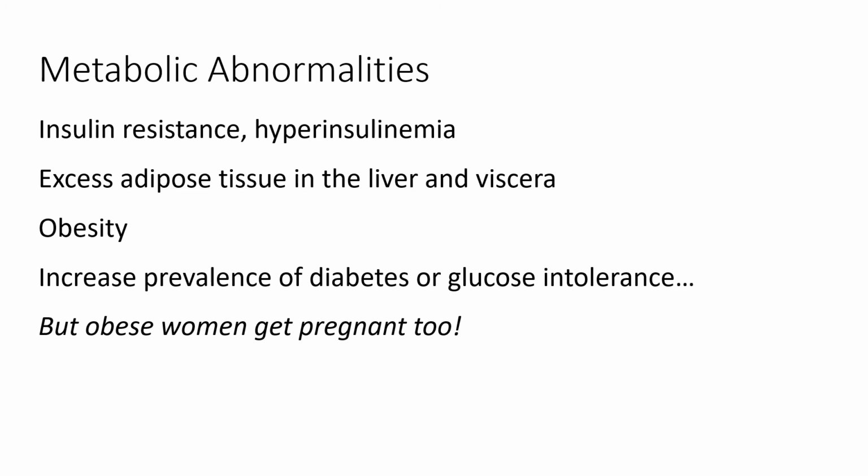The patient may have insulin resistance, hyperinsulinemia, excess fat tissue around the liver, obesity, increased prevalence of diabetes and glucose intolerance. But obese women get pregnant too. So never tell a patient with PCOS that she will never get pregnant unless she undergoes ovulation induction. Many of them may get pregnant spontaneously.